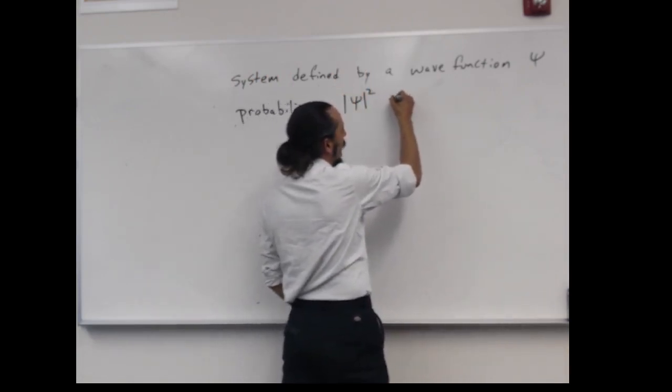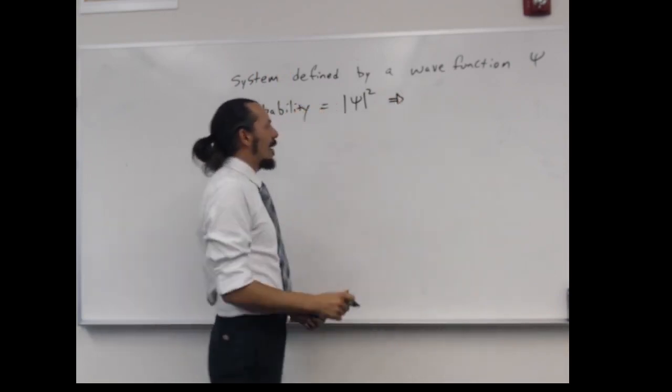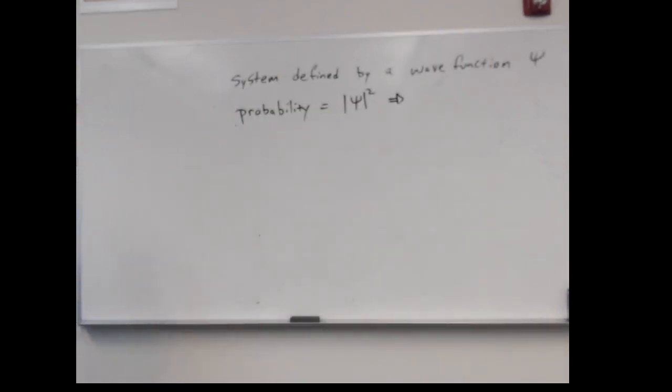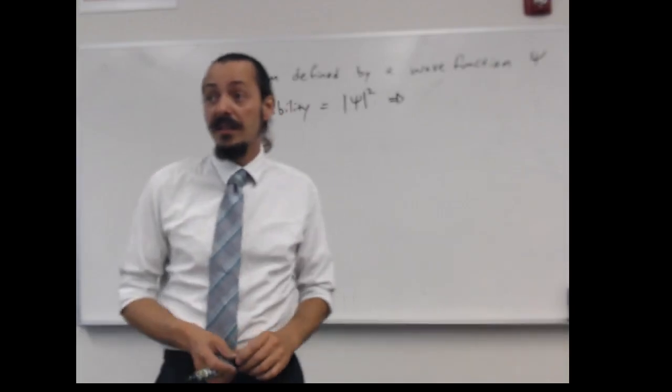We're actually going to have situations where psi could be complex. Remember, it's just whatever solutions come out from the problem we set up. So some of those solutions could have imaginary parts to them.